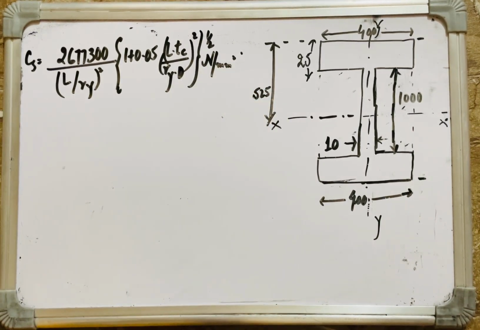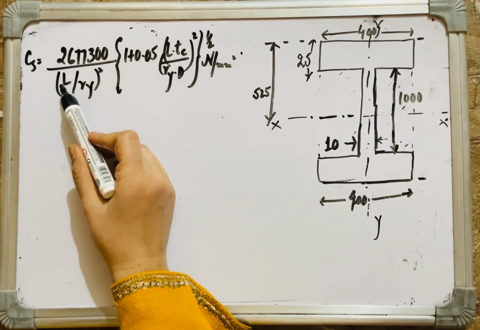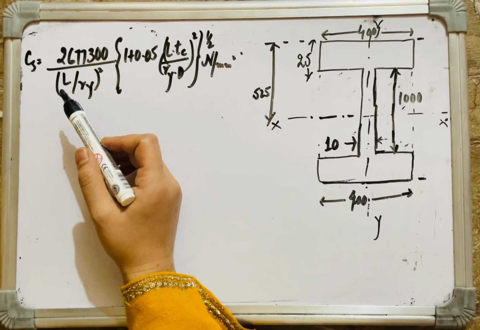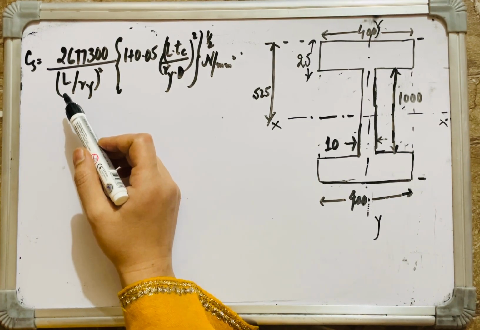All right, now we have everything. We know the depth, we know the thickness, we know the radius of gyration. Now this L is the effective length of the compression flange.